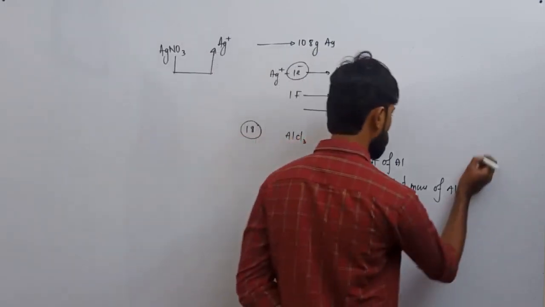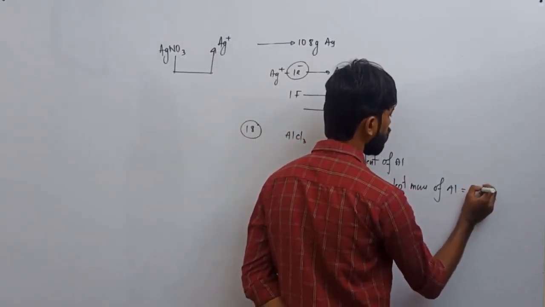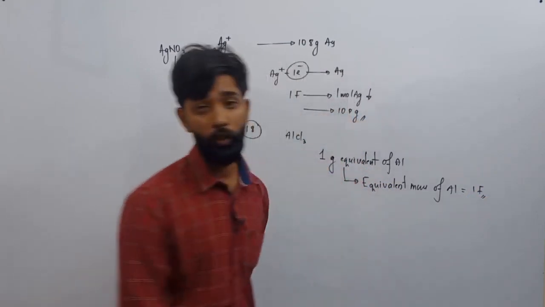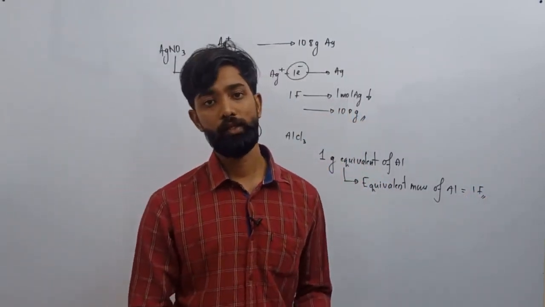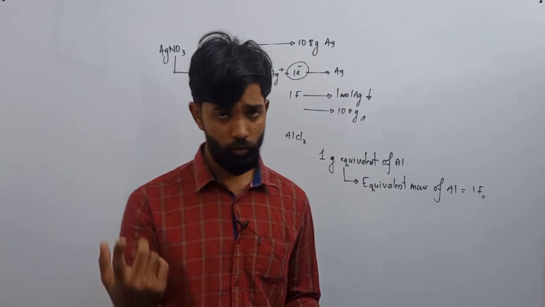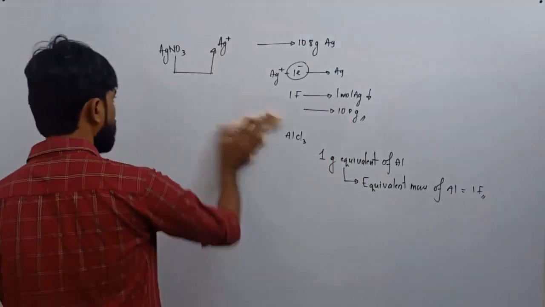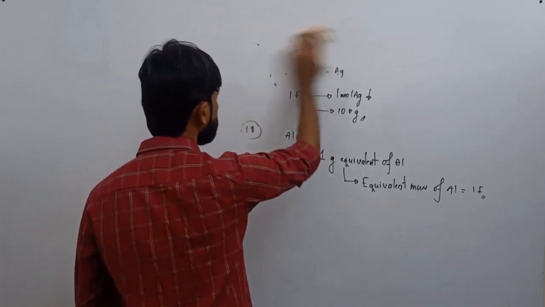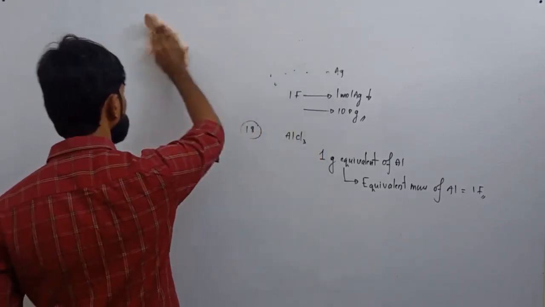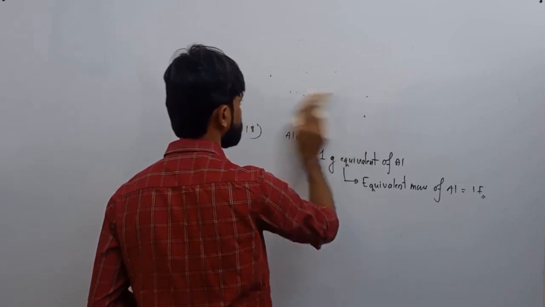Gram equivalent means 1 equivalent or its equivalent mass. Gram mole means 1 mole, like that. So 1 farad is enough. Question number 18, the answer is 1. Moving to the next question.